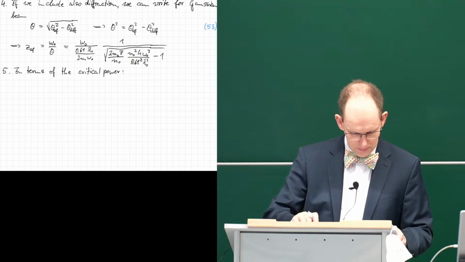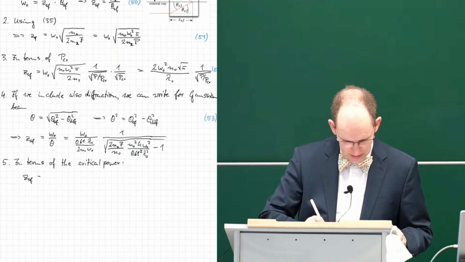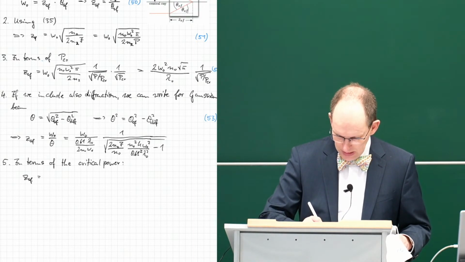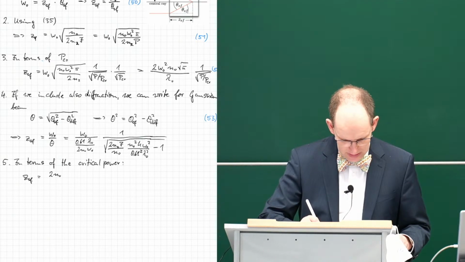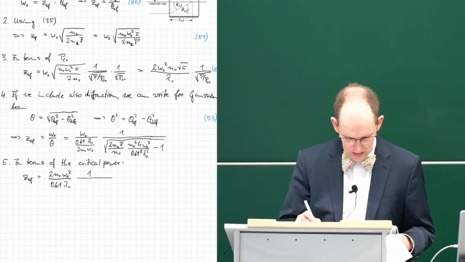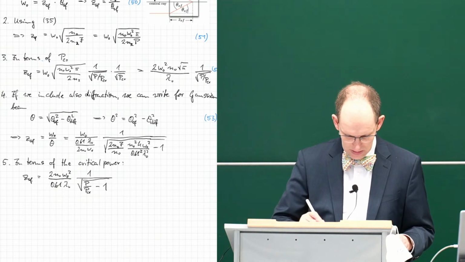I just give the result. It's a trivial calculation. There we get 2 times N0 times W0 squared divided by 0.61 lambda 0, 1 over the square root of the power normalized to the critical power minus 1.